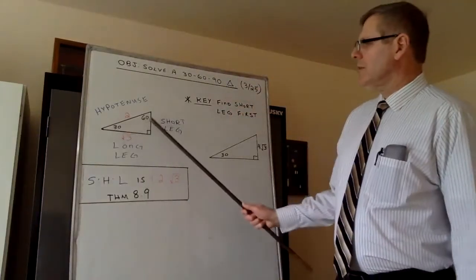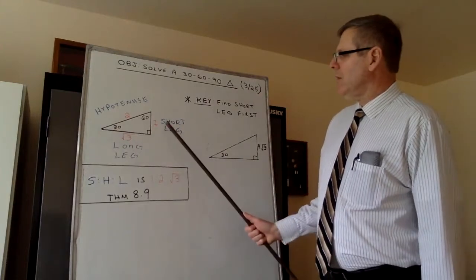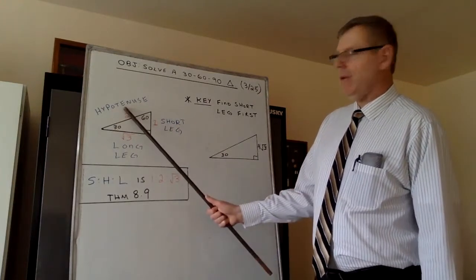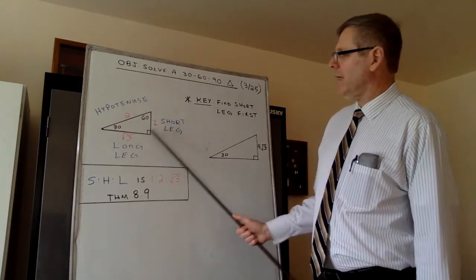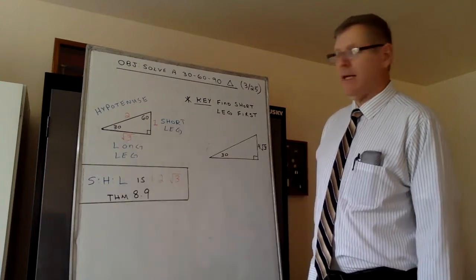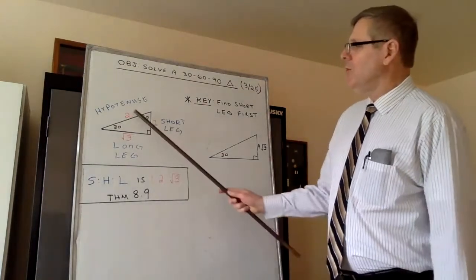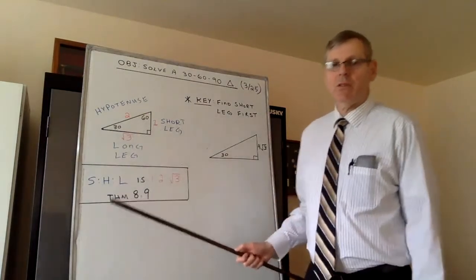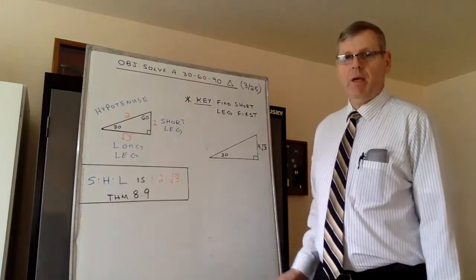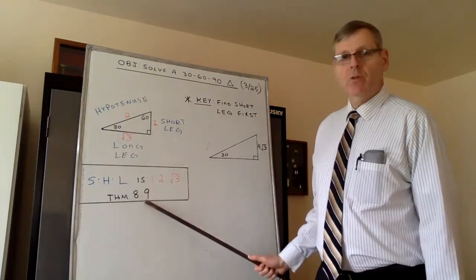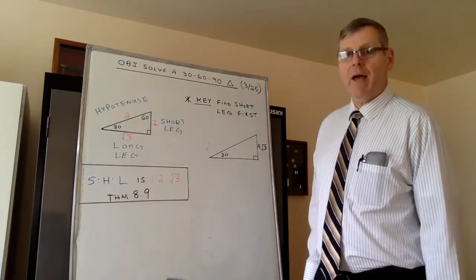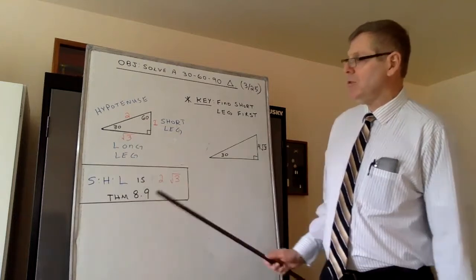So here's my 30, 60, 90 degree triangle. I know that the short leg is half the hypotenuse, and if I take the short leg and multiply it by the square root of 3, I get the long leg. You do not have to memorize this relationship. It is given to you in Theorem 8.9. The confusing part is understanding how the theorem is presenting the information to you.